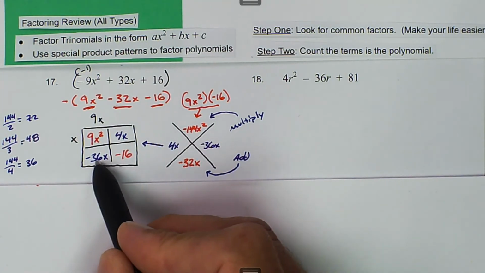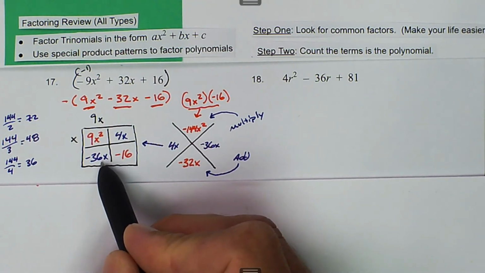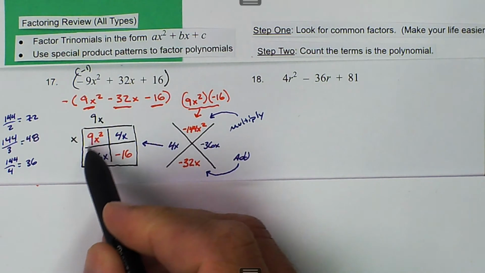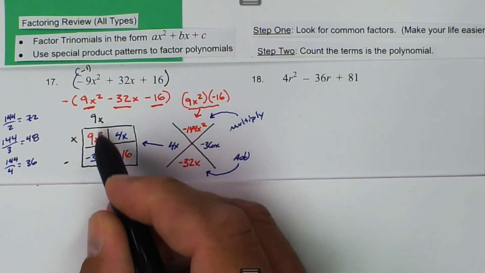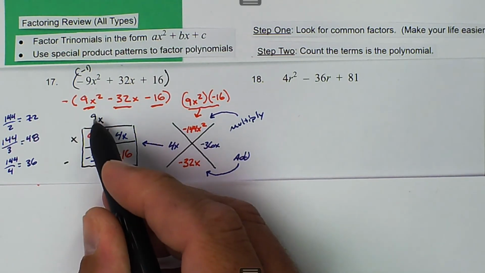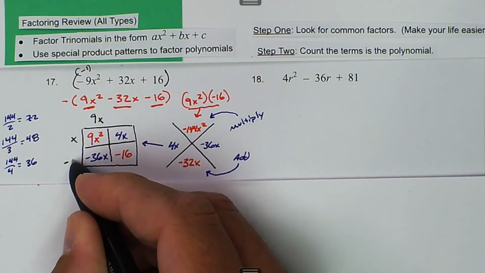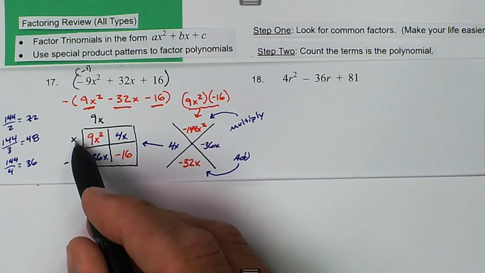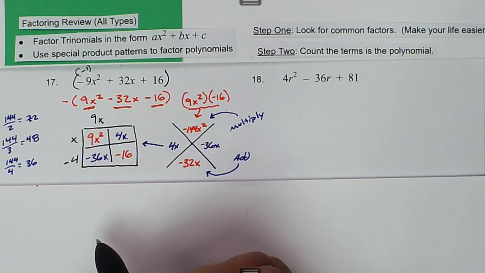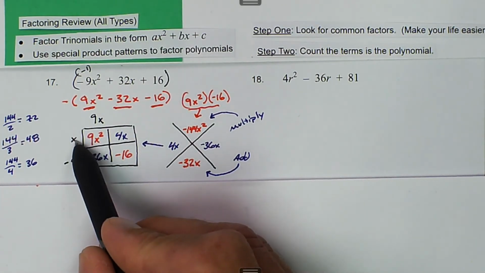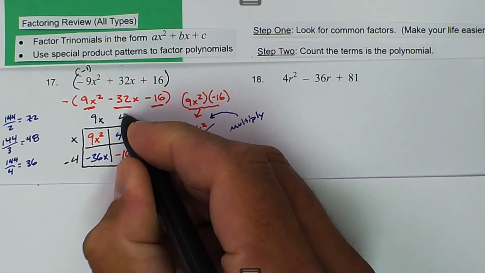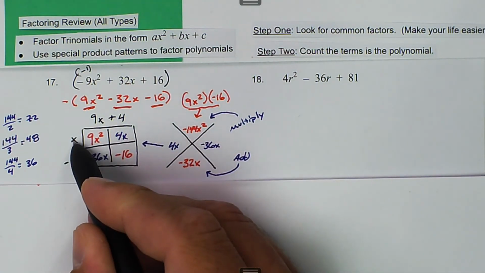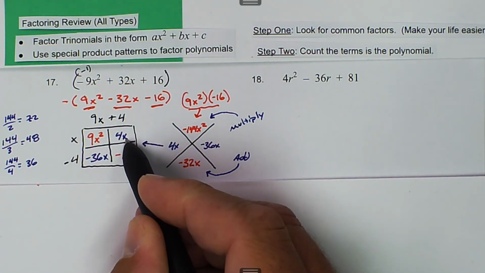So if this is 9x, 9x times what will give me negative 36x? It's got to be negative, so I know it's got to be a negative sign. I already have the x, so I don't have to worry about that. 9 times what equals 36? That's 9 times 4, so that becomes negative 4. And x times what would give me 4x? That is a positive 4. So 4 times x is 4x.